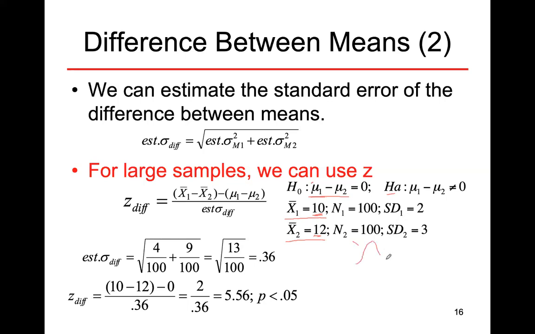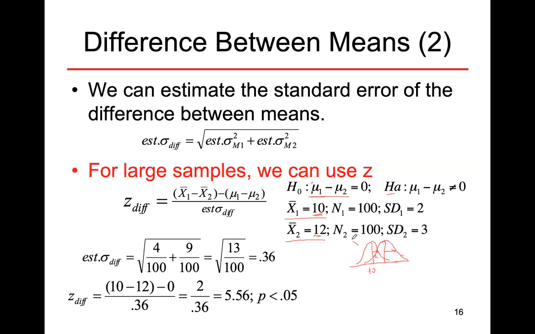For example, one of them is like this, okay? The mean is like that, and standard deviation is 2 here. The other one has its mean somewhere here, and standard deviation is 3, a little bit more extended, okay?